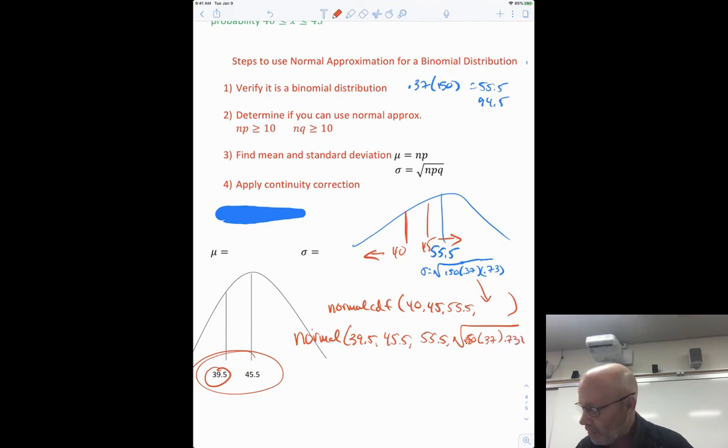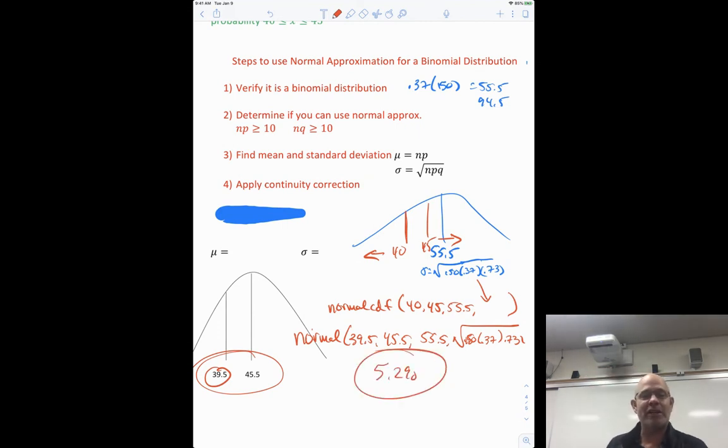We do a normal CDF from 39.5 to 45.5 with a mean of 55.5 and a standard deviation of square root of 150 times 0.37 times 0.73, and I get about 5.2%. So that's the normal approximation. Only do that when they tell you, otherwise you have to go step by step and add them all up yourself. But we'll never make you add up more than 3 or 4. Don't worry about that.